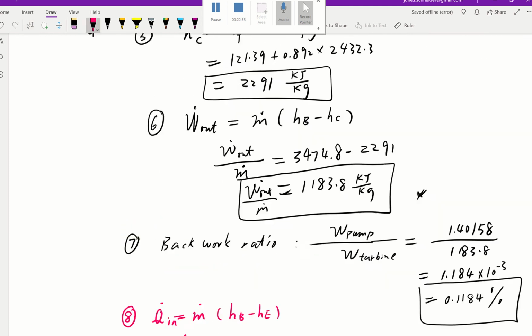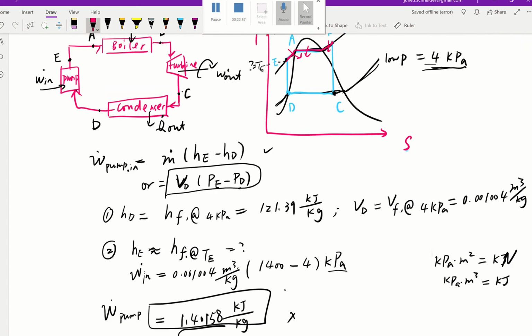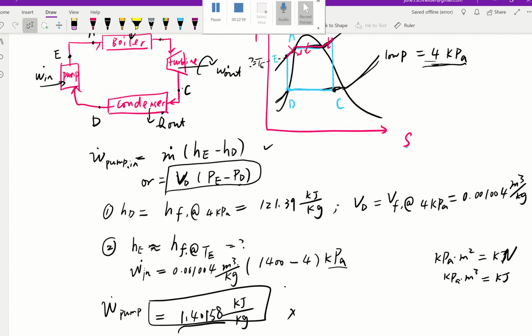However, do we know HE? We don't, because we were stuck at step 2 when we were trying to figure out the pump work. Because we couldn't figure out HE, we used the second alternative way to figure out the pump work, using V times the pressure difference. Now how do we figure out HE then?